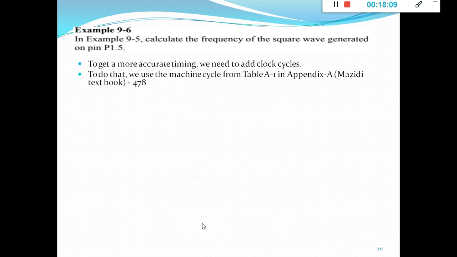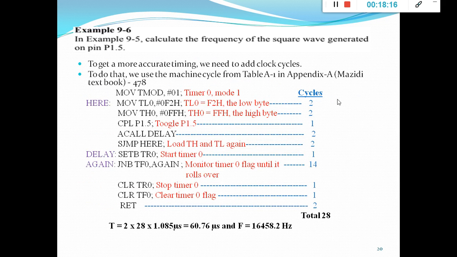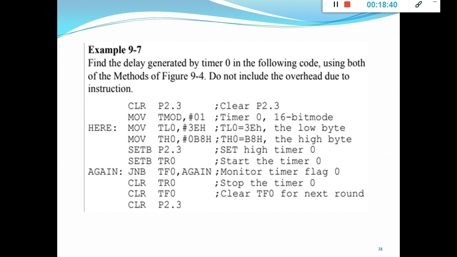Without overhead, the time period you got was 30.38 microseconds, and with overhead you got 60.76 microseconds. So the entire time delay calculated with overhead gives the accurate time delay. You can calculate in either of the two ways. Usually in companies they calculate with overhead, using the machine cycle of each instruction to calculate the time period.